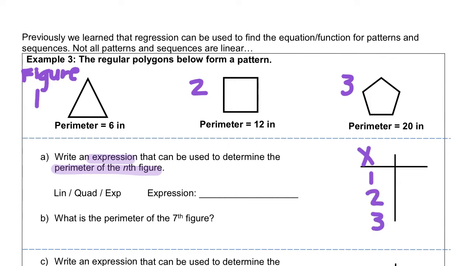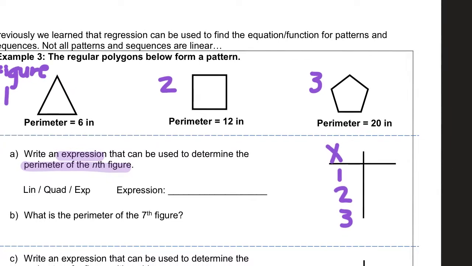So first, second, third, 1, 2, 3. Then we're going to input the perimeter. That's going to be our output. So the output, the perimeter of the first figure is 6. For the second it's 12, and for the third it's 20.